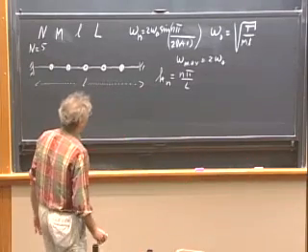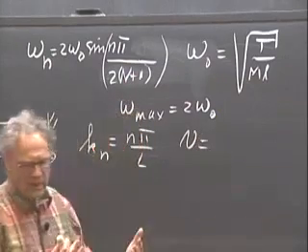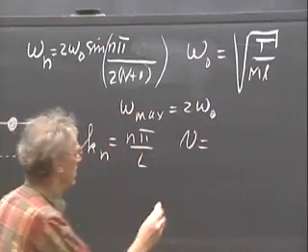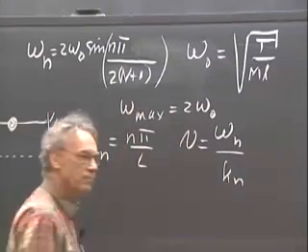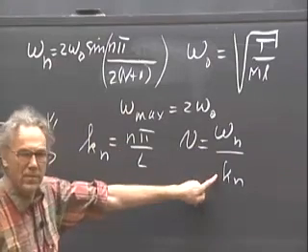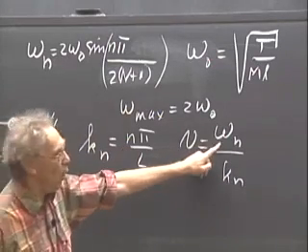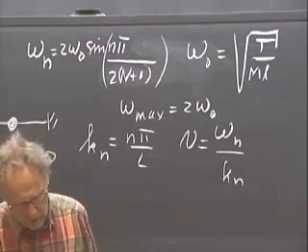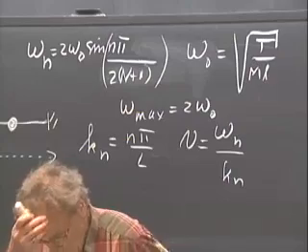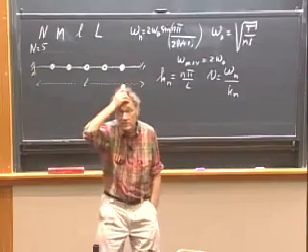But the speed of propagation, v, is of course the ratio of omega divided by k, so that is omega n divided by k_n. And since k_n goes up linearly with n, but omega n does not, it is clear that the speed of propagation is lower for higher frequencies.